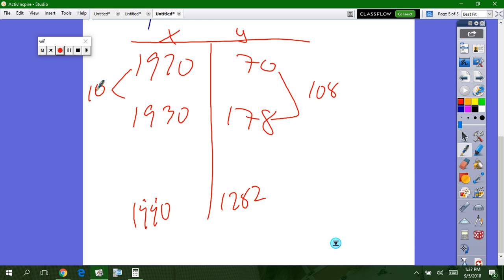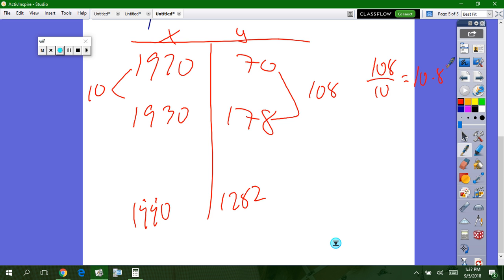So what's my slope? 108 divided by 10 equals 10.8. What does that represent? That's what it means by interpret the data. We're increasing 10.8 schools per year in that decade, right?